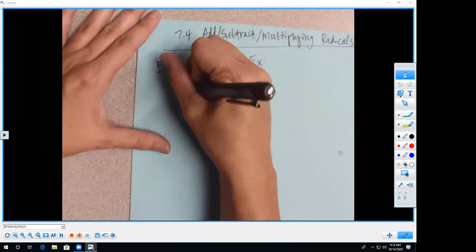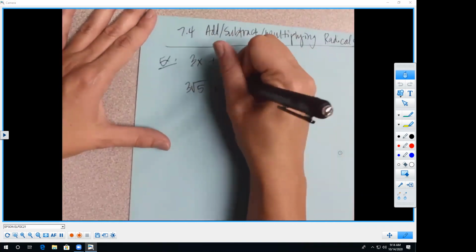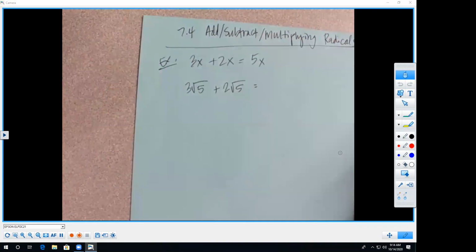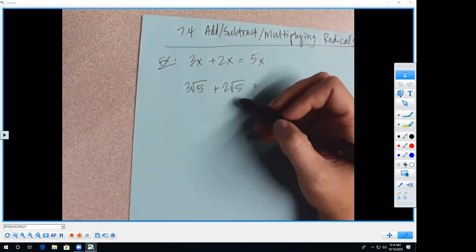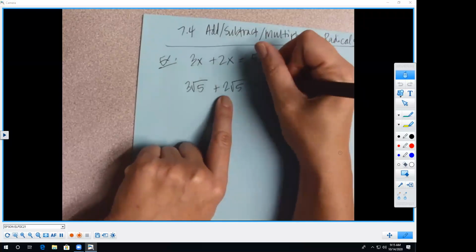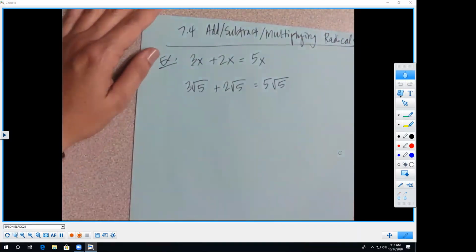So if I had 3 times the square root of 5 plus 2 times the square root of 5, as long as the part that's inside the radical is exactly the same, I can just add the coefficients together. So 3 plus 2 equals 5, and it's still square root of 5.